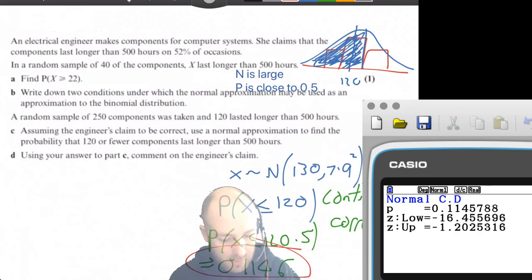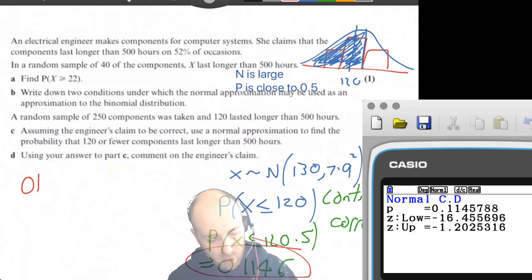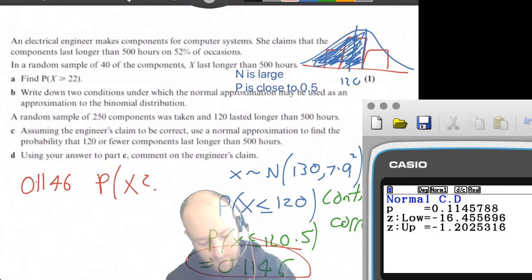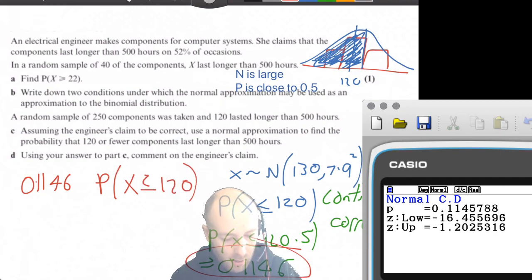Use probability to find 120 or fewer last longer than 500 hours. Okay, so we found the probability to be quite unlikely, 0.11 is the probability x is less than or equal to 120. So would you say that that's a good approximation?